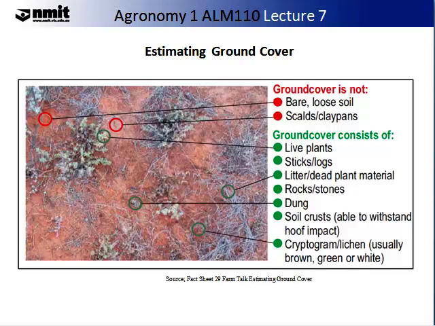Note that ground cover does not include bare or loose soil or clay pans or scales. However, ground cover does include live plants, sticks and logs, litter and dead plant material, rocks and stones, dung, soil crusts able to withstand a hoof impact, and plants such as lichens.